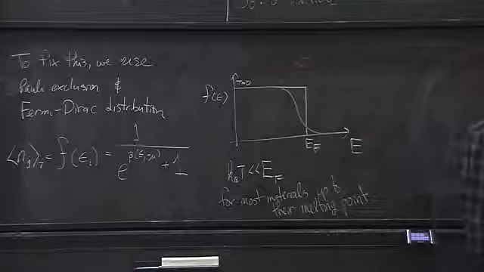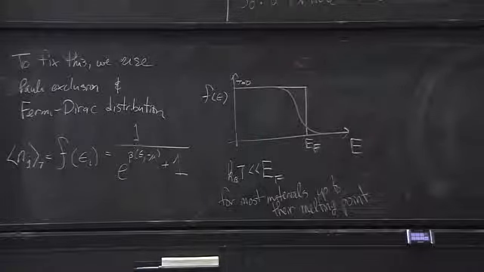So when we heat up the sample, it's not all of the electrons that gain degrees of freedom. It's only the ones near the Fermi surface.